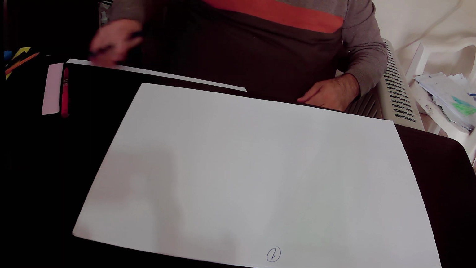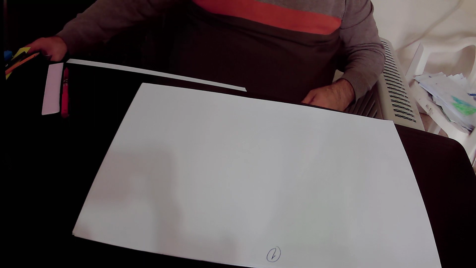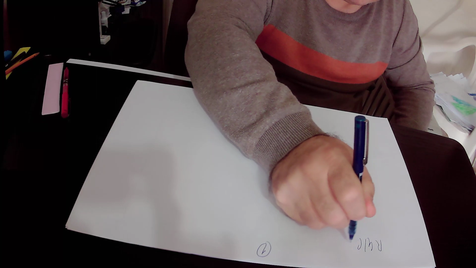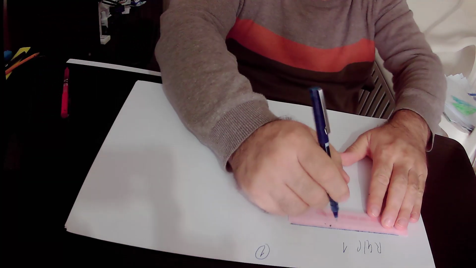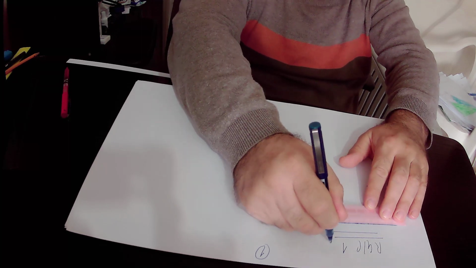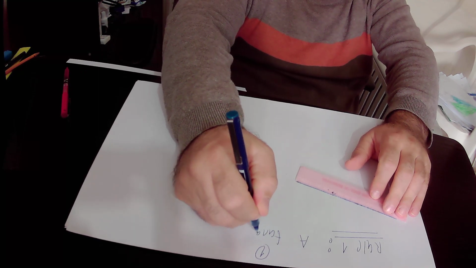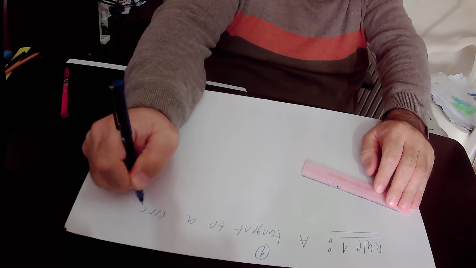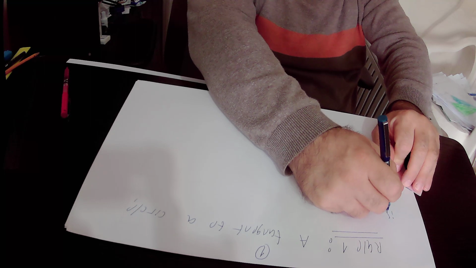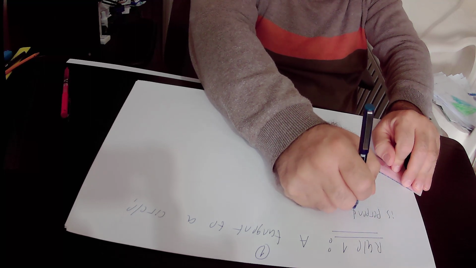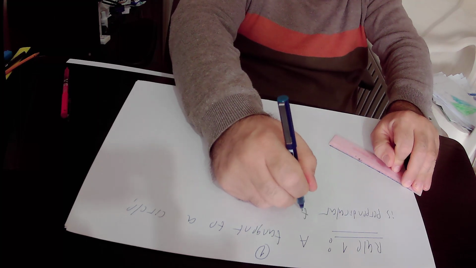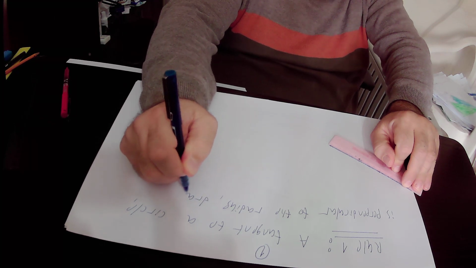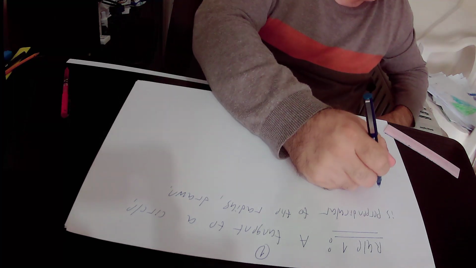According to rule number 1, a tangent to a circle is perpendicular to the radius drawn to its point of tangency.